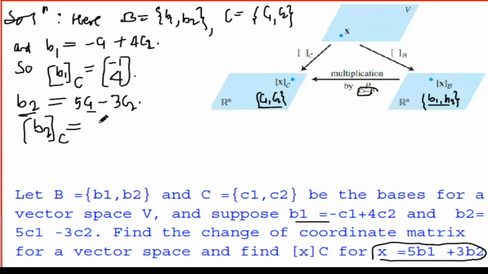The coefficient of C1 is 5 and the coefficient of C2 is minus 3. This is the C coordinate for B2.